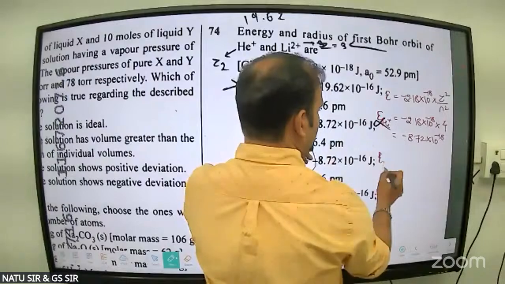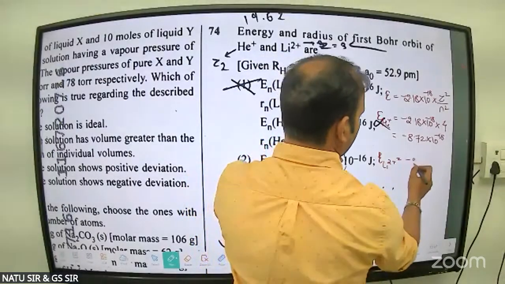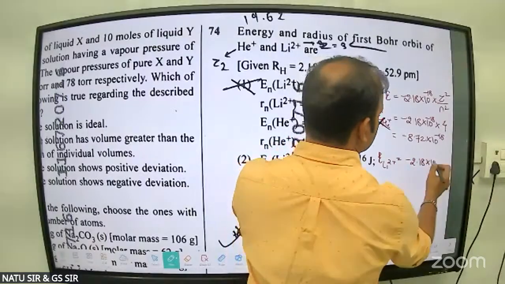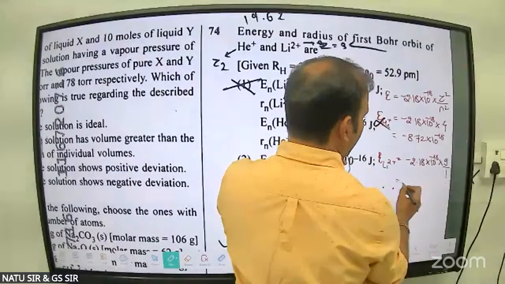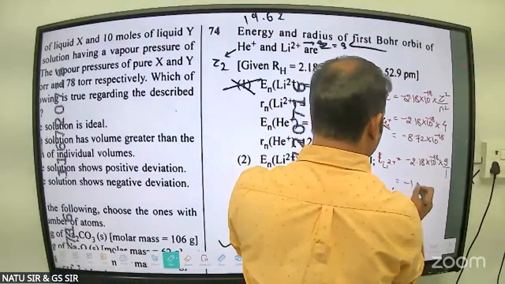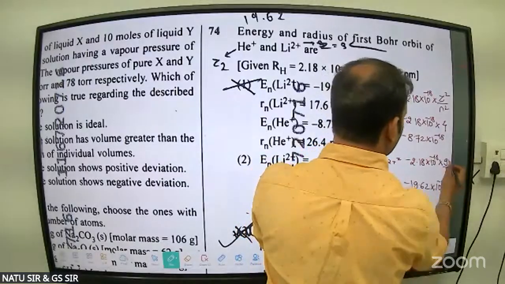Similarly, for Li2 plus, I can use the formula -2.18 again into 10 raised to -18. For Li2 plus, this is 9 upon 1, and this will be somewhere -19.62 into 10 raised to -18 joules.